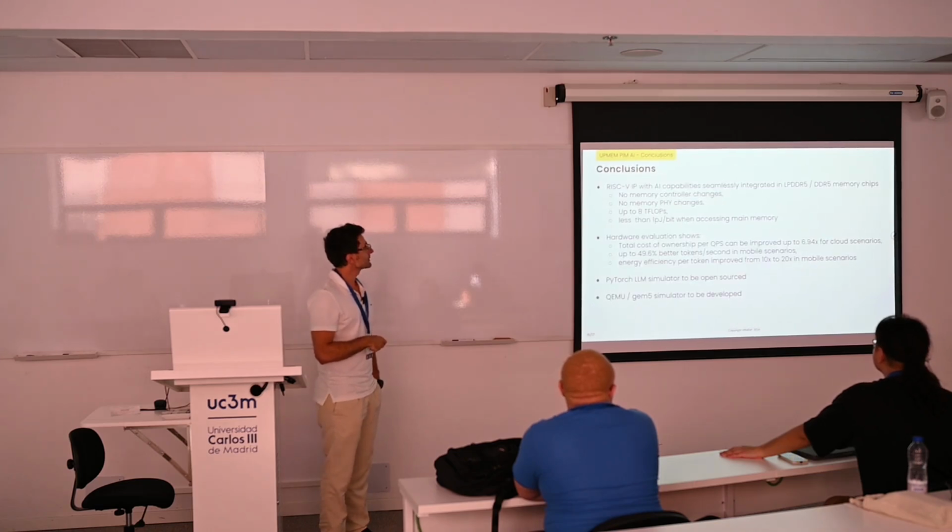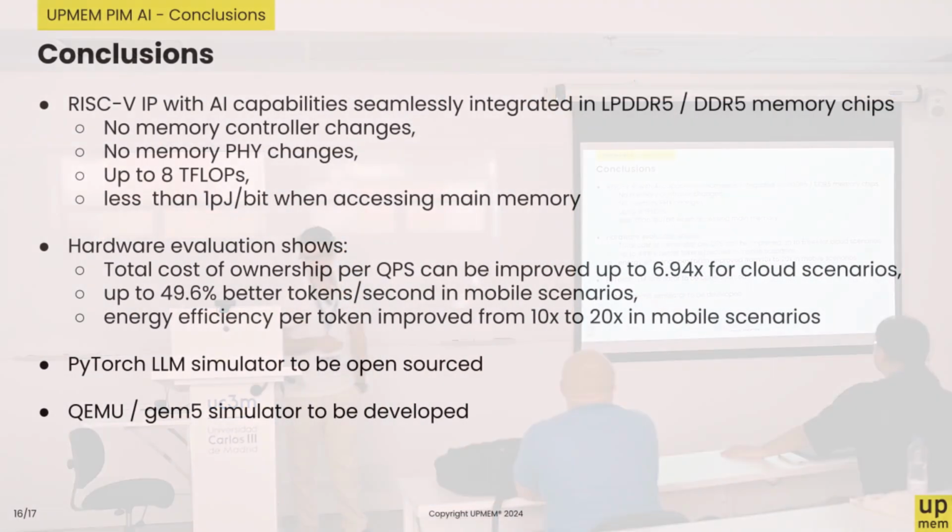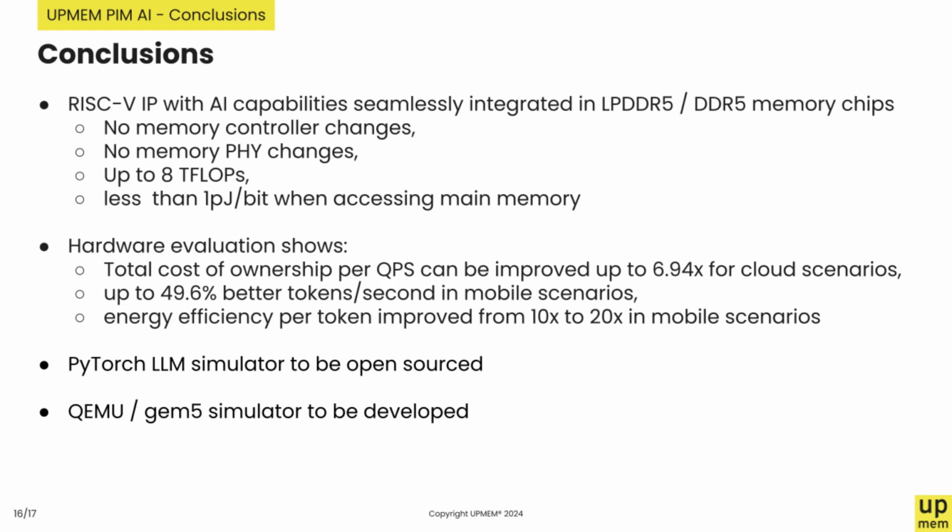So for conclusions, I'll show you that for the next generation of PIM, we will be introducing the PIM chip with RISC-V ISA with AI capabilities seamlessly integrated into DDR4 and DDR5 memory chips. Again, same as the current generation, no memory controller changes, no memory PHY changes.